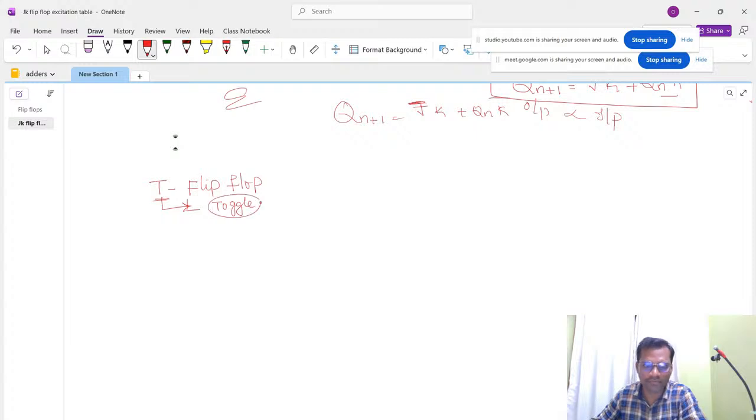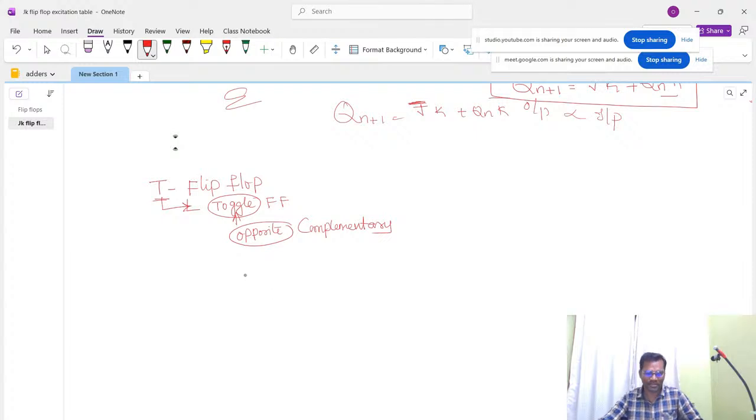Toggle means opposite, complementary in nature, so it is called a toggle flip flop, or T flip flop in short. We are going to get this T flip flop from a modified JK flip flop. When you modify the JK flip flop, we get the T flip flop.